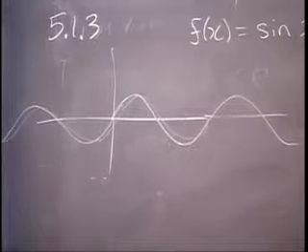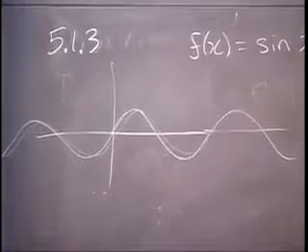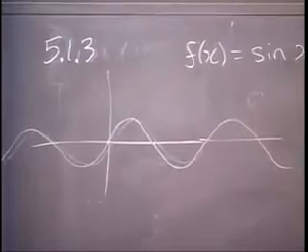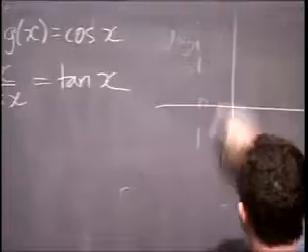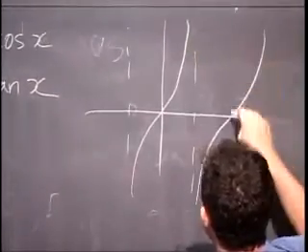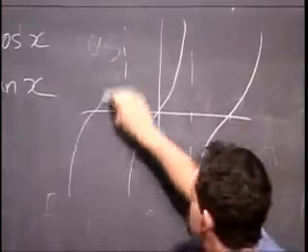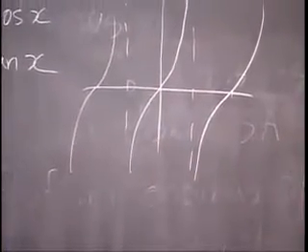So what about the ratio of them? Sine x over cosine x. Well, that's tan x. We know it's not continuous everywhere, because if you draw the graph of it, it's got vertical asymptotes. Can't possibly be continuous at the asymptotes, because the function isn't even defined. So basically, it's continuous everywhere except where the denominator is 0.